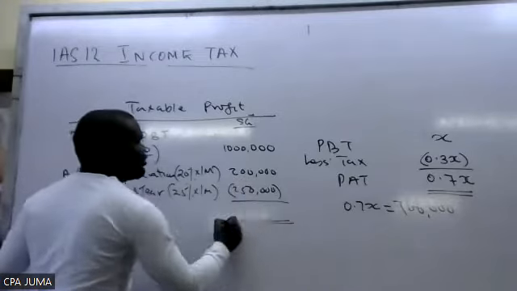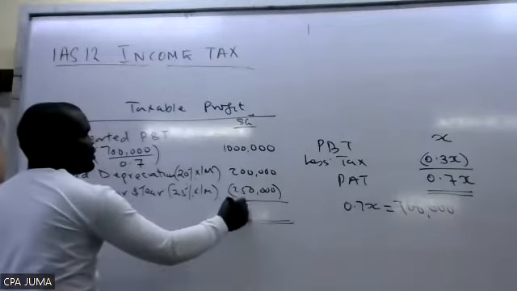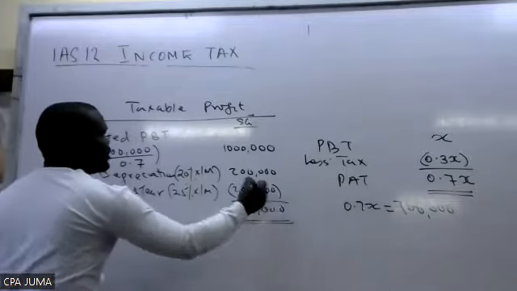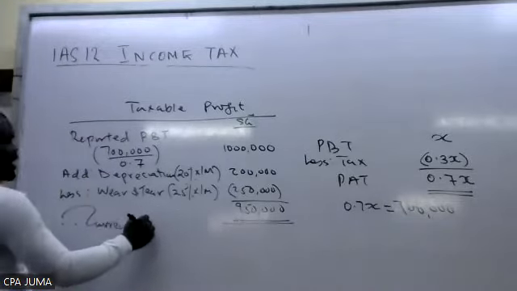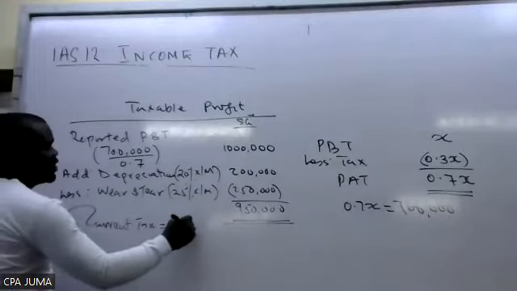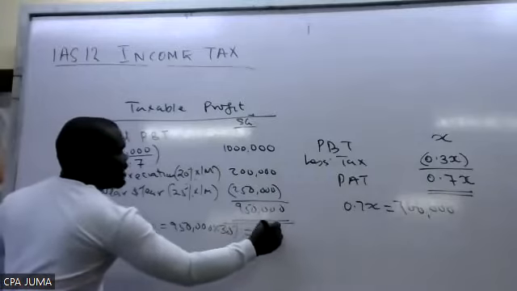Therefore, taxable profit is 950. Right? Therefore, current tax is 950 times 30%, which comes to 285.